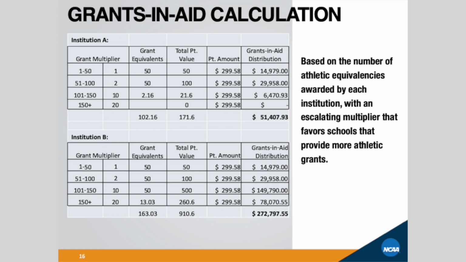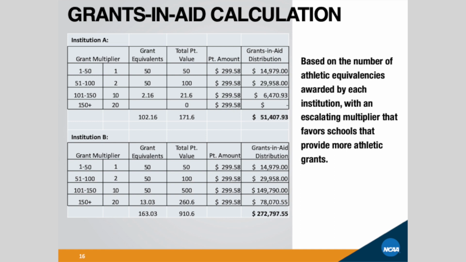Therefore, 2.16 will be multiplied by 10, equaling 21.6. 21.6 multiplied by the point amount of $299.58 will yield $6,470.93. Add all the tiers together for a total distribution for Institution A of $51,407.93. We have just walked through 3 tiers of the grants and aid calculation.